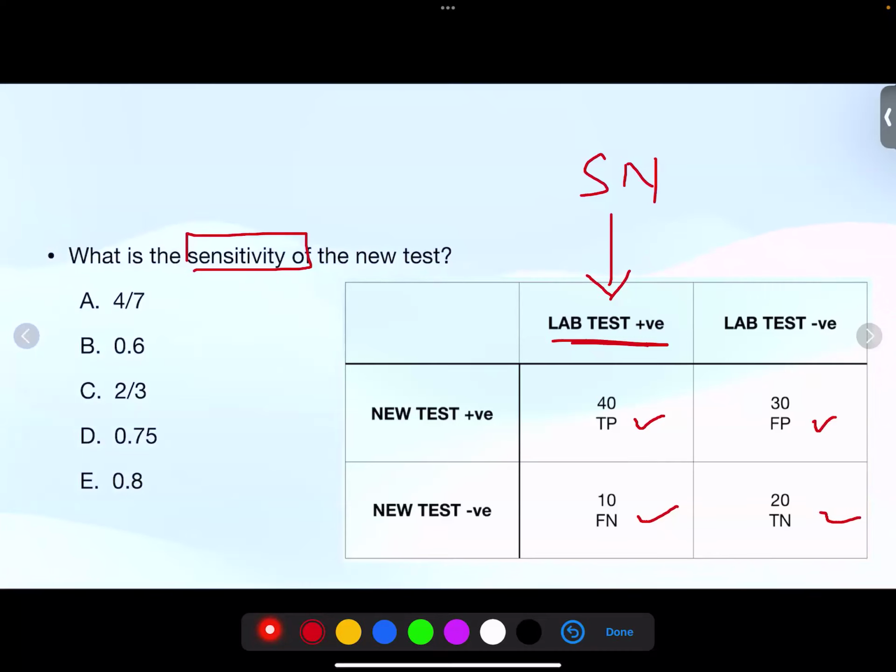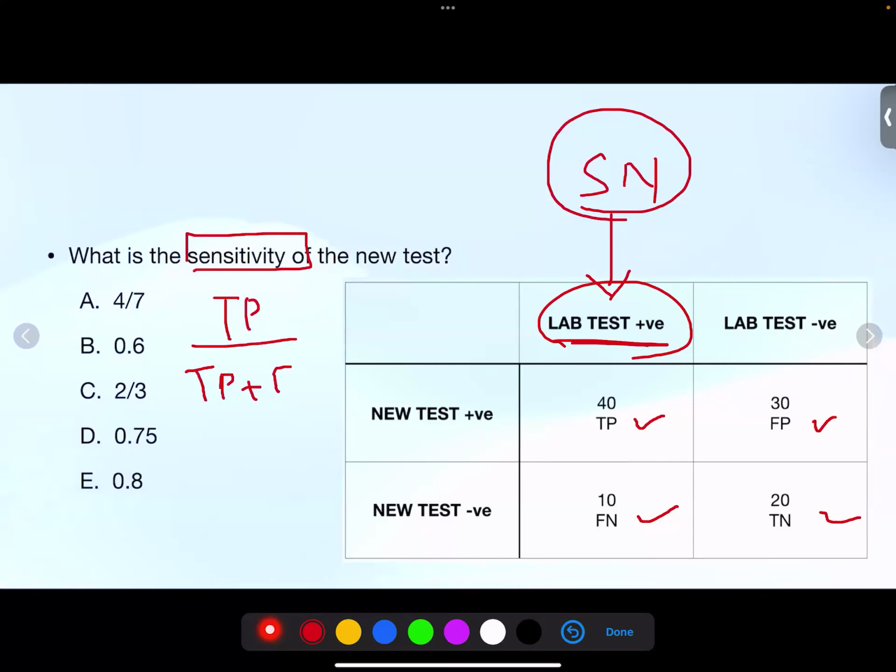So whenever they ask you sensitivity, it means this first vertical column, so true positive divided by true positive plus false negative. The numerator is 40, and if you add these two, the denominator is 50, so 40 divided by 50.